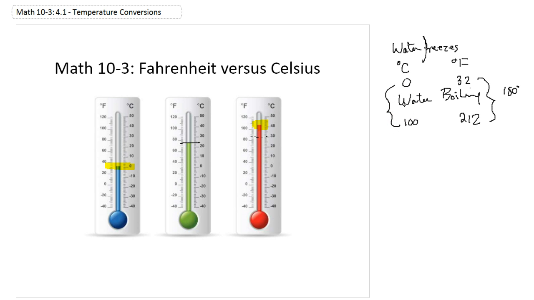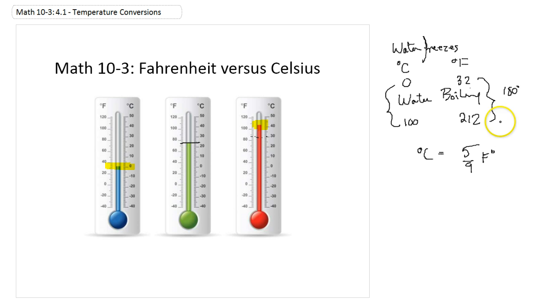So each Celsius degree is equal to 5/9 of a Fahrenheit degree.